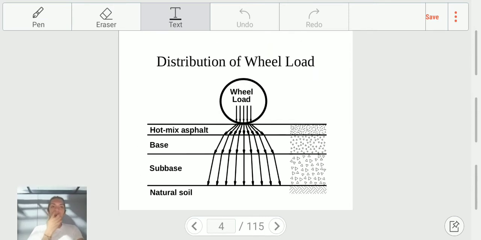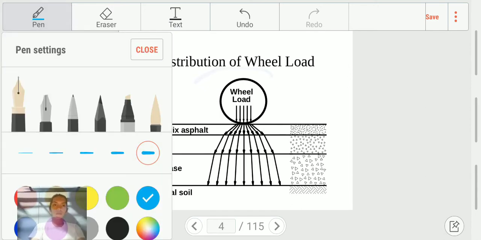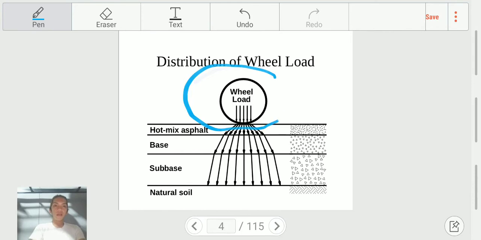So we have a distribution of wheel load. If you notice, this is our wheel, our tire, and we have layers.